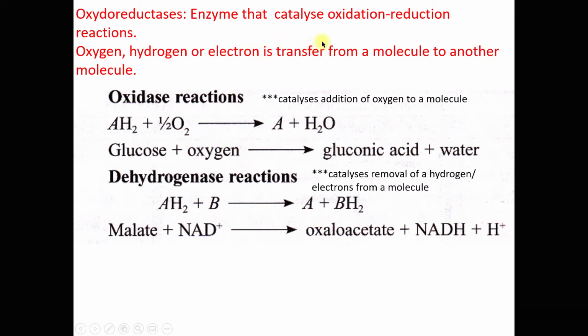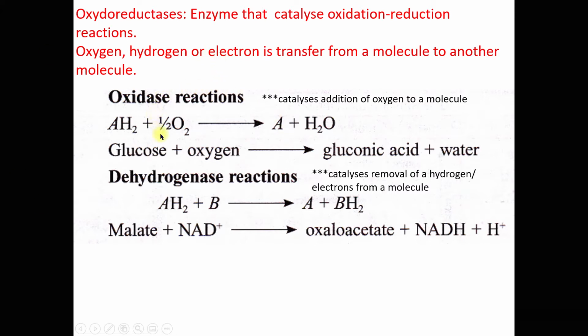So what happens in this oxidation process or oxidation reaction? Oxygen is transferred from one molecule to another molecule, while in reduction reaction, what happens? Hydrogen or electron is transferred from one molecule to another molecule.